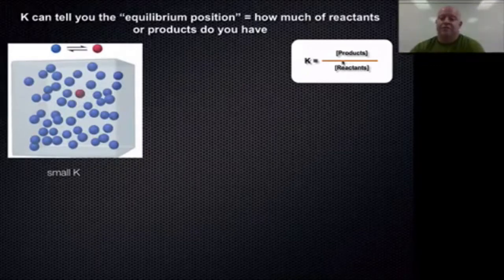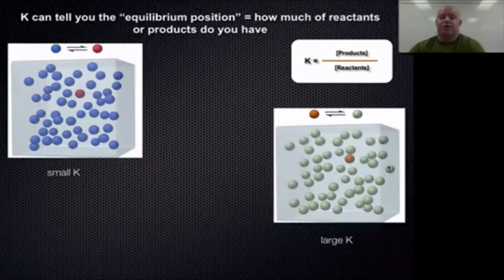So if everything is mainly down here as a denominator and we have very little product, well, k would become less than 1 and actually would be considered a very small number. Okay, these numbers can be down to 0.000001. It can be very, very small amounts for a k value. If that's the case, then we have a small k. That would be something that would be very reactant favored. So when k is small, we have reactant favored.